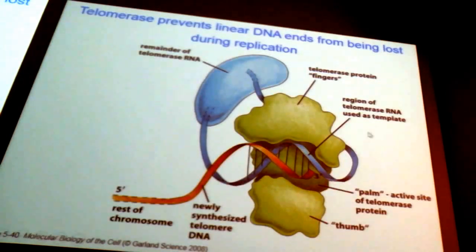So telomerase is a protein complex that has also within it an RNA. The RNA serves as a primer for putting on some sequence, even at the end of DNA. Okay? So that then allows you to keep synthesizing even without putting on an RNA through the DNA primase. So the primase is not required because the telomerase itself has an RNA primer.